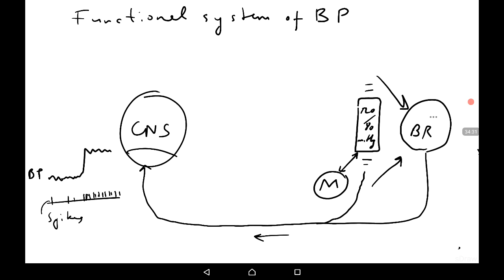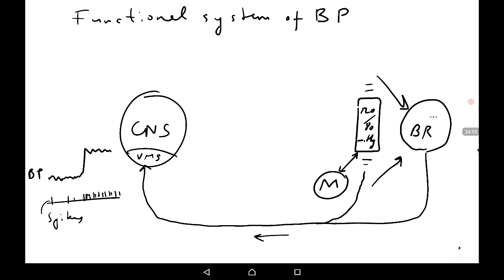And here we can find in the CNS, in the brainstem, the vasomotor center, the structures of the brain which fulfill the function of vascular control. So they control the blood pressure in that case.